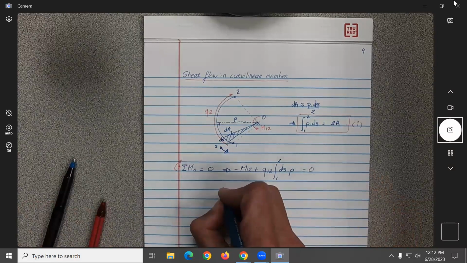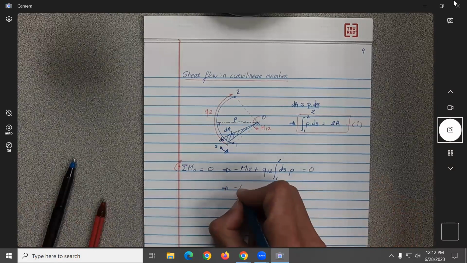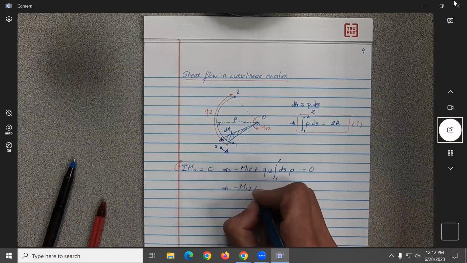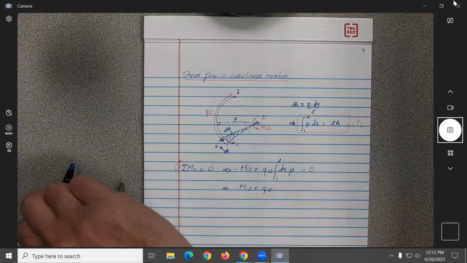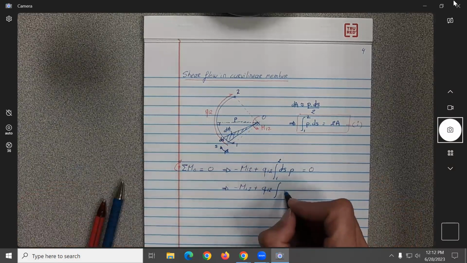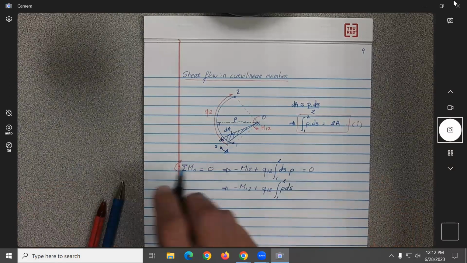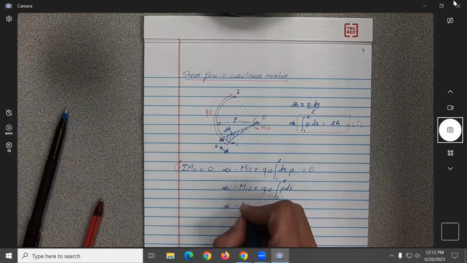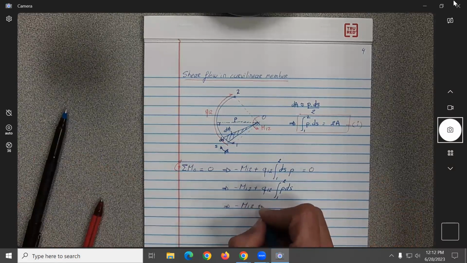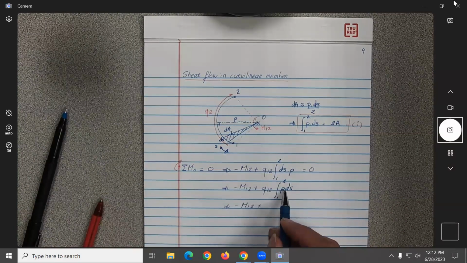So if I rewrite this a little bit differently, I write this as minus M12 plus Q12 integral of P ds from 1 to 2. You see I replaced this one; P is a variable. What is this term over here?